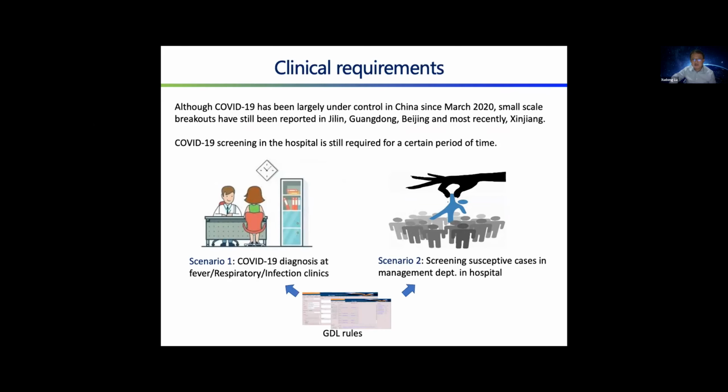So it's still very important for hospitals to screen COVID-19 patients now. We have found two scenarios to use clinical decision support tools. One is in the clinics, for doctors when they diagnose patients, whether they have COVID-19 or not.